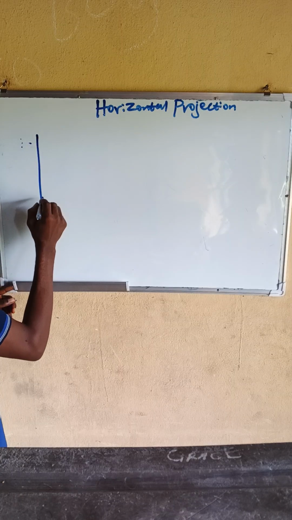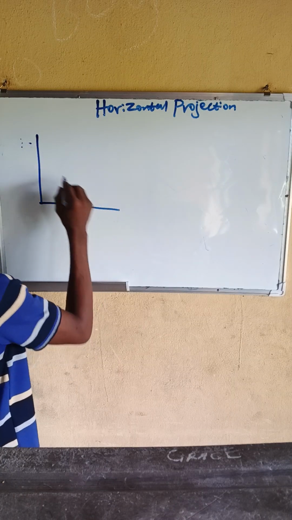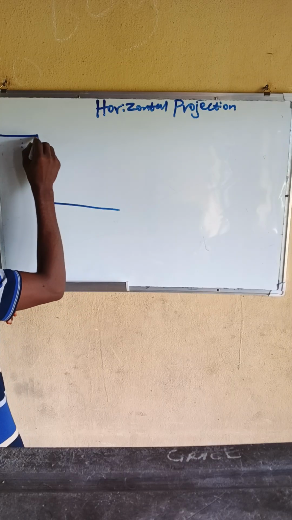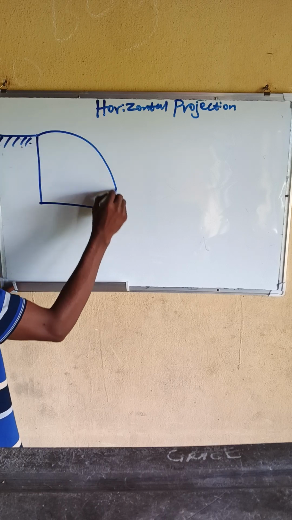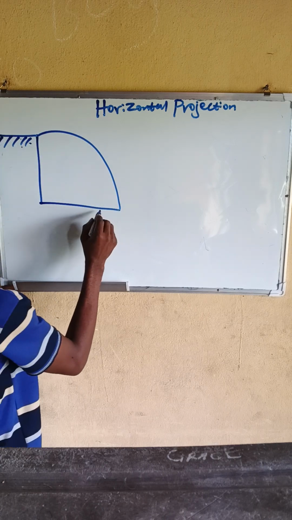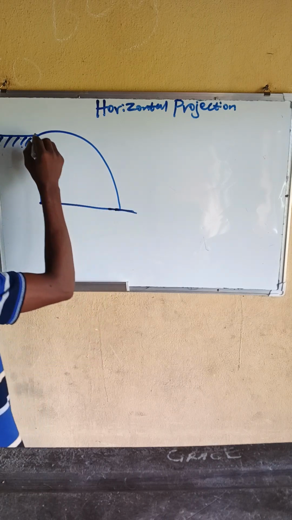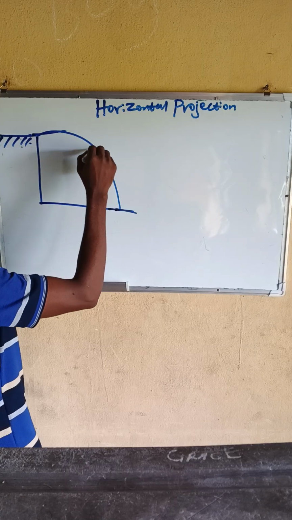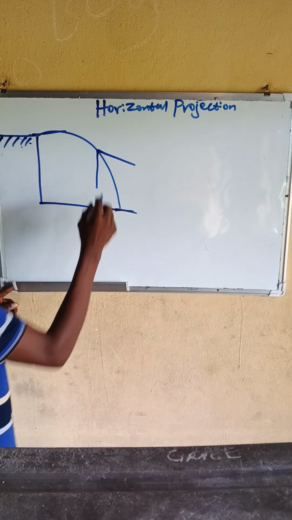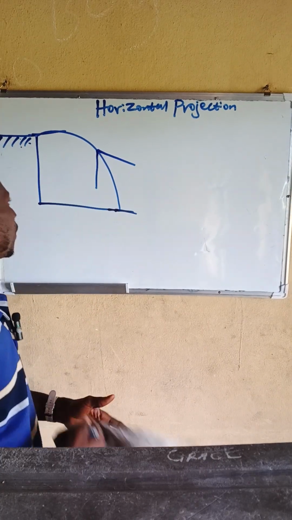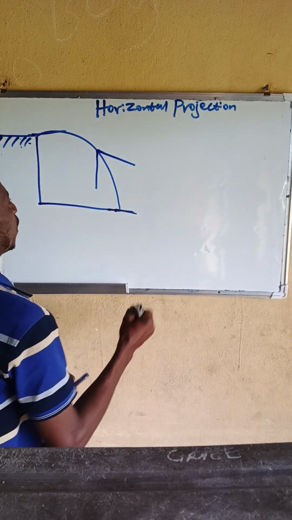We have a body that is moving in this direction. This is the table. The body moves in this direction.